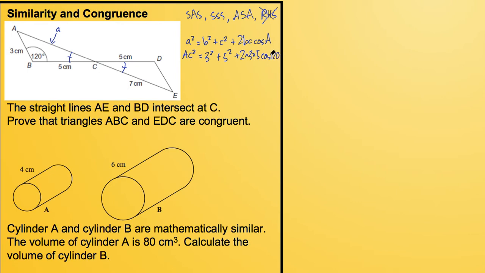So AC squared equals 9 plus 25, and cos 120 is minus a half, so if I type cos 120 into my calculator, I get minus a half, times that by 5 times 3 times 2, gives me minus 15. So AC squared equals 9 plus 25 minus 15.